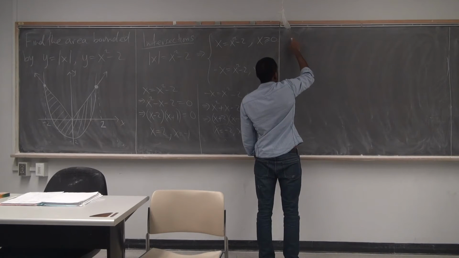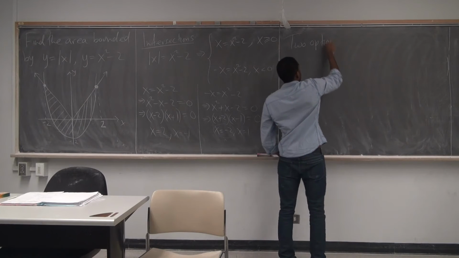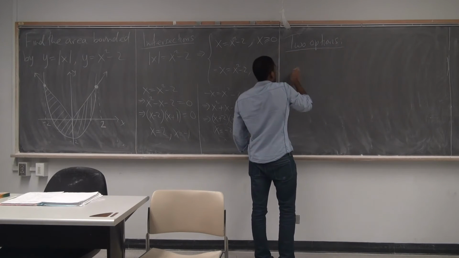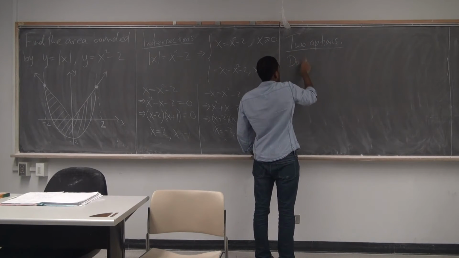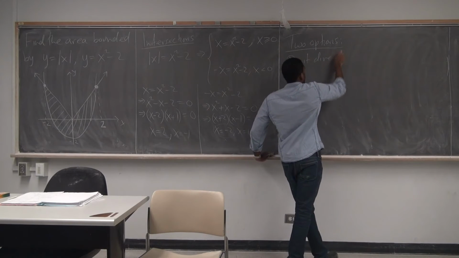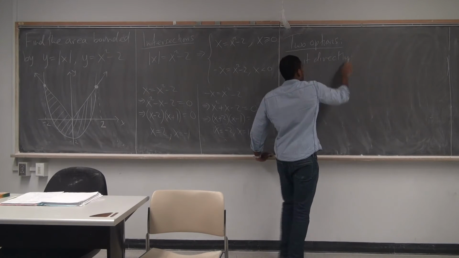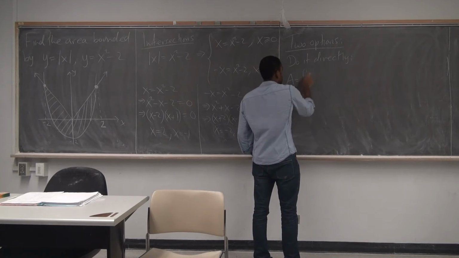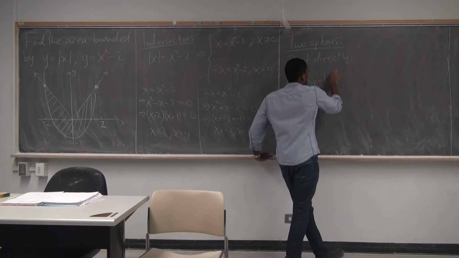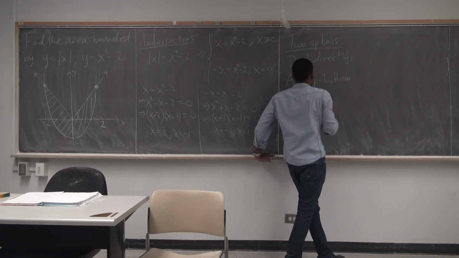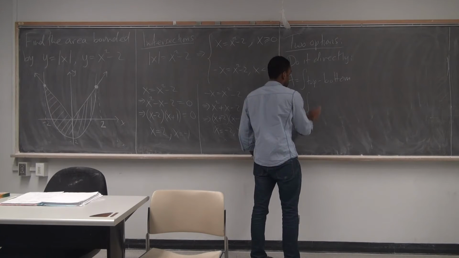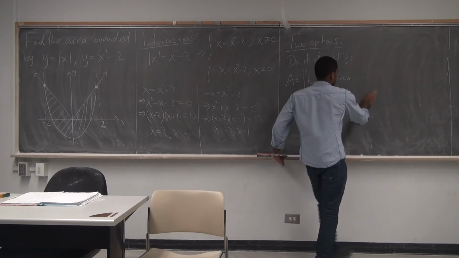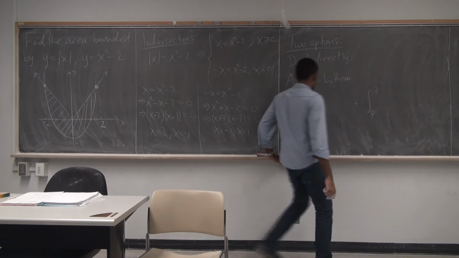So now you have a couple options here. Basically just do it directly. Use the integral of top minus bottom, in which case you have a different one for this region as opposed to that one.